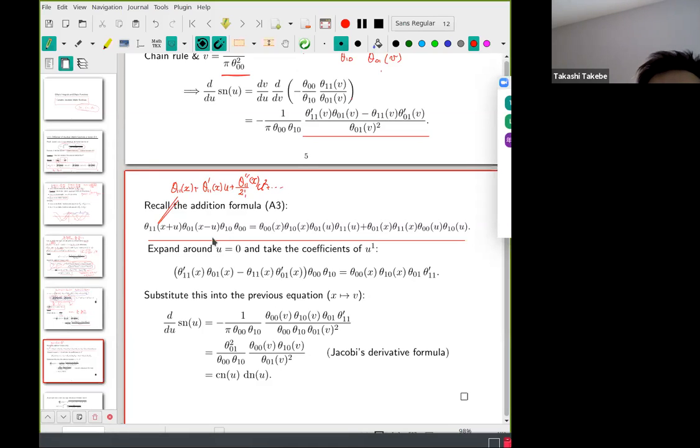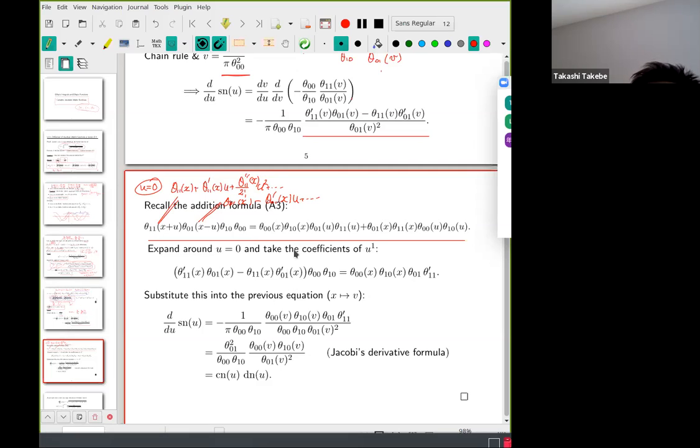this theta expansion around u equal to 0. This is equal to like this, and so on.